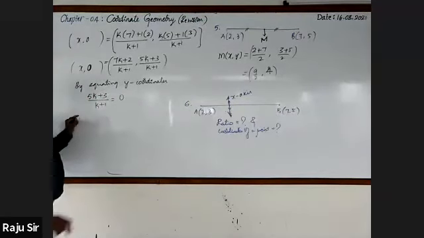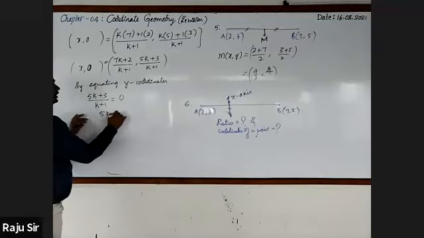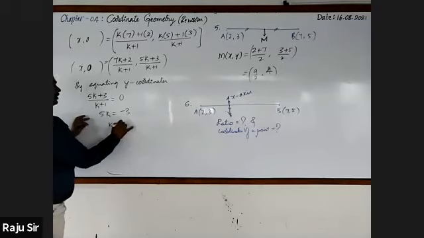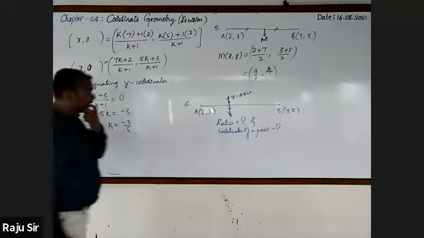Cross multiply ಮಾಡಿ. 5k equal to minus 3, so k is equal to minus 3 by 5.